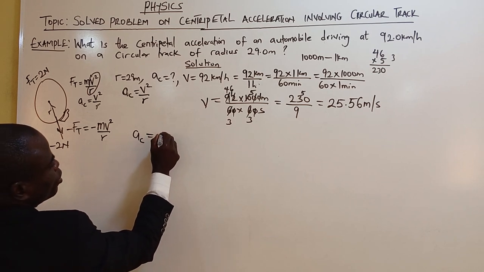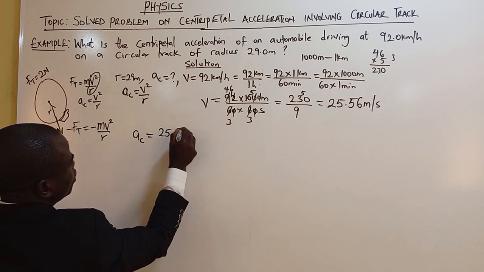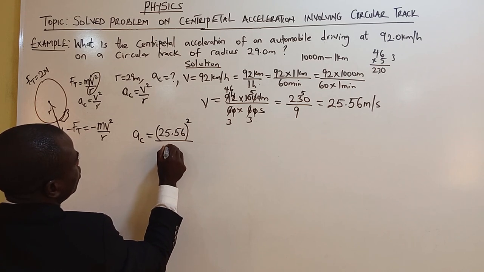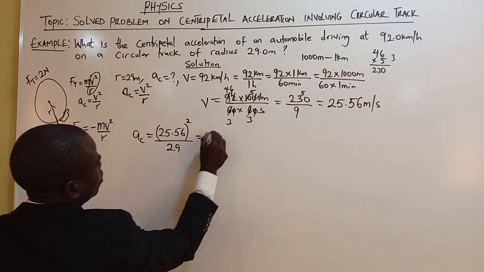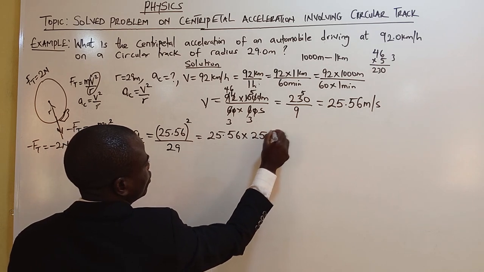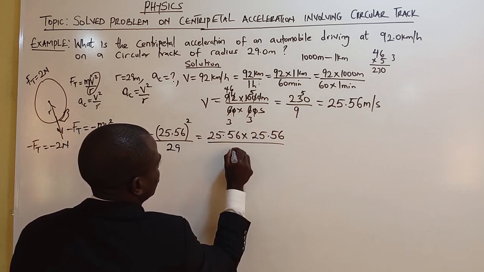Now you have v squared, that's 25.56 squared divided by r, 29, which is 25.56 times 25.56. You multiply twice, divide by 29.